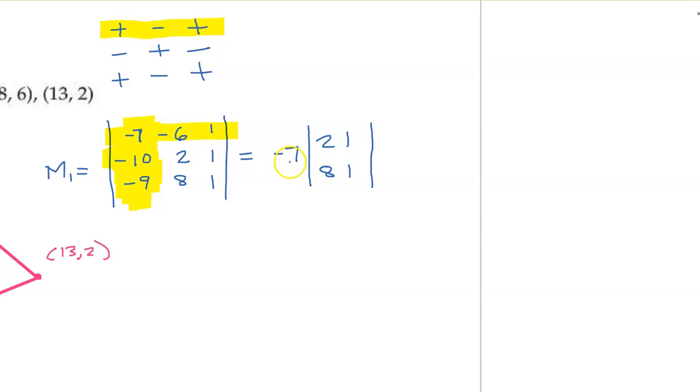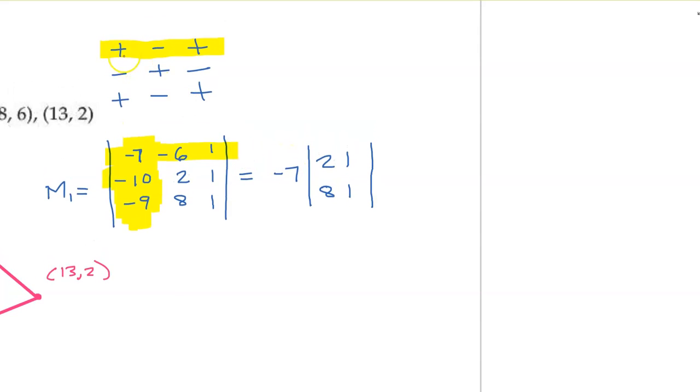These cofactors, sometimes we will keep the sign the same, and sometimes we will change the sign to the opposite. And basically, wherever you see a plus, that means leave the sign alone. When you see a minus, that means you need to do the opposite. So for my next cofactor, I've got the -6. But because of this minus, I'm going to change the sign to a +6.